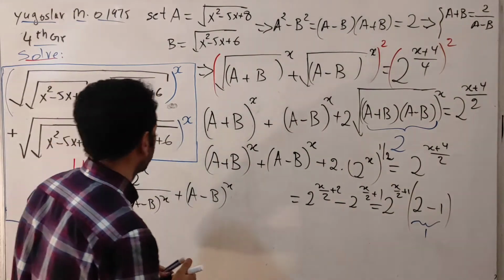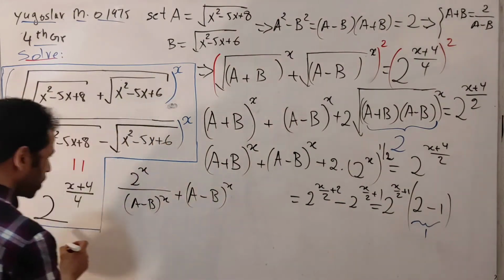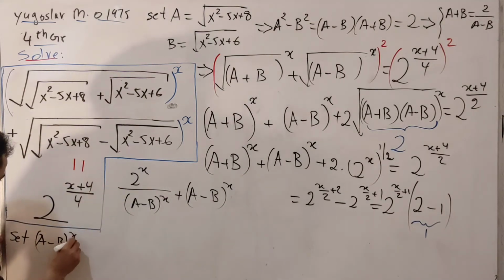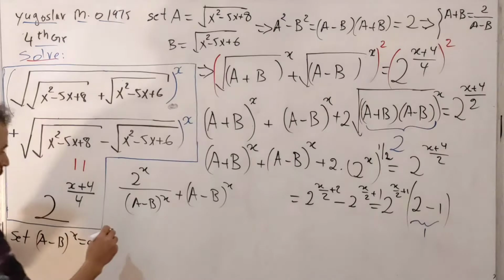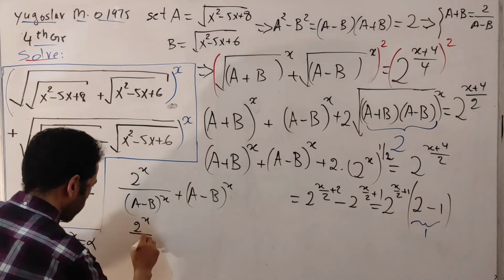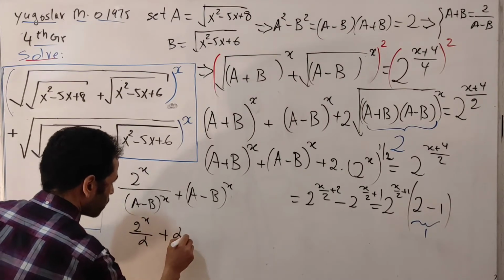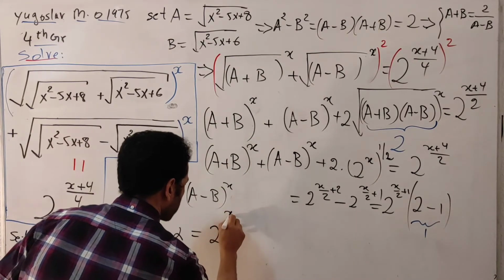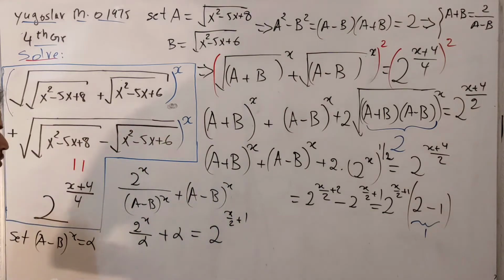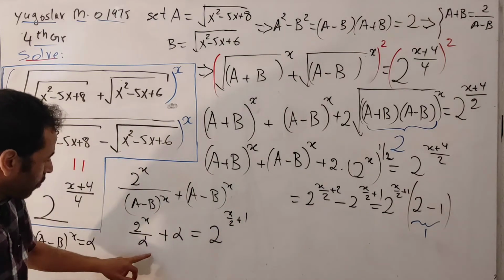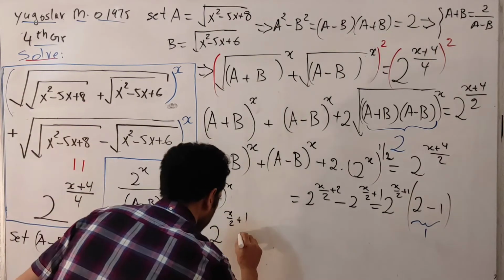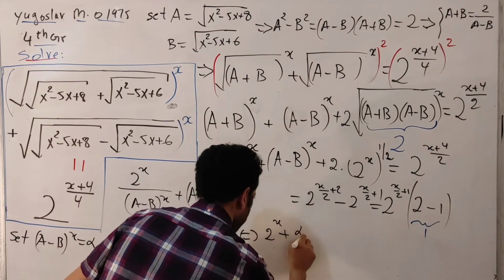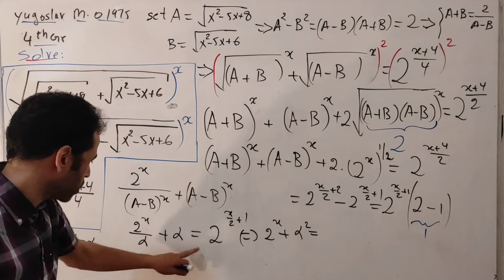Then I'm going to put the substitution. Let's set capital A minus capital B to the x equals alpha. I put 2 to the x over alpha plus alpha equals this one, 2 to the x over 2 plus number 1. Multiplying side by side by putting alpha as a common denominator, I will get 2 to the x plus alpha square. Then I'm going to multiply both sides by alpha.